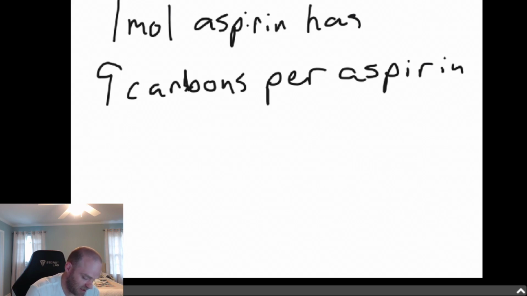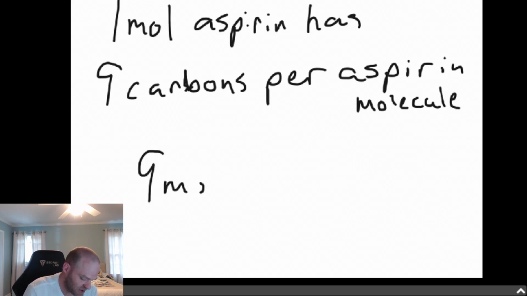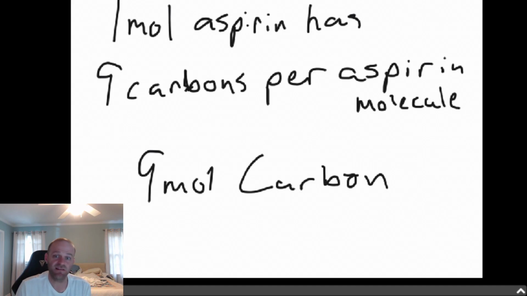So then, and this is not talking about the aspirin pill, this is talking about the individual aspirin molecule. Okay, so 9 carbons per aspirin molecule, I'll write that in there. Okay, so that means in the total I have 9 moles of carbon. So that's how you need to think about that.